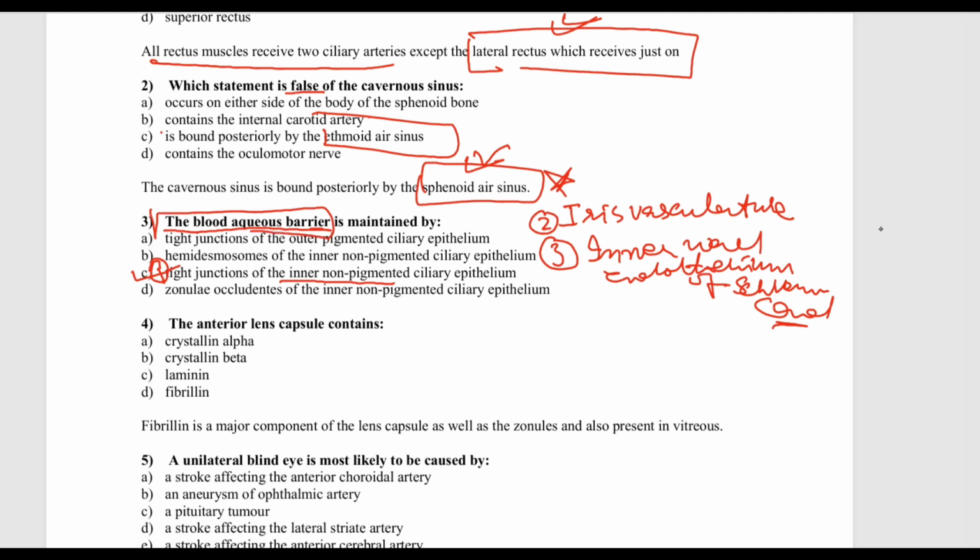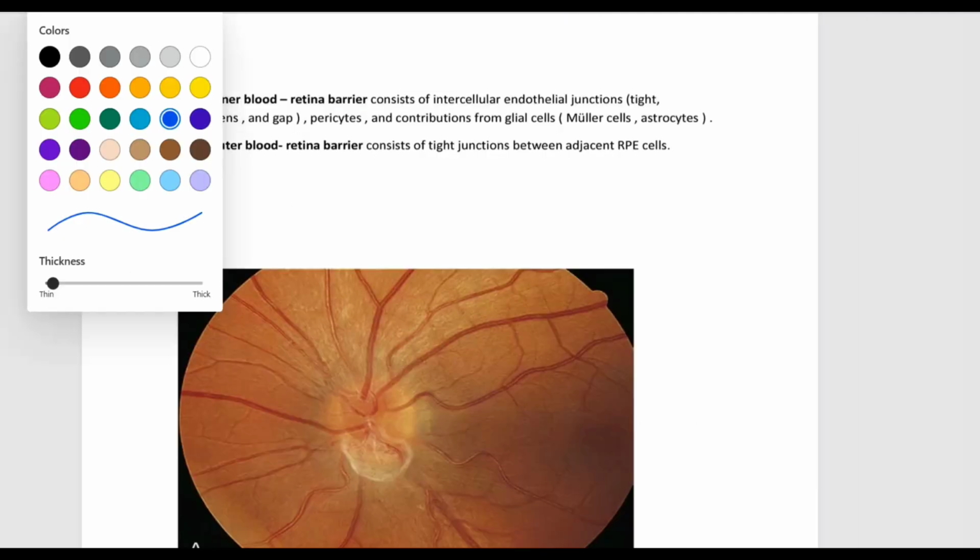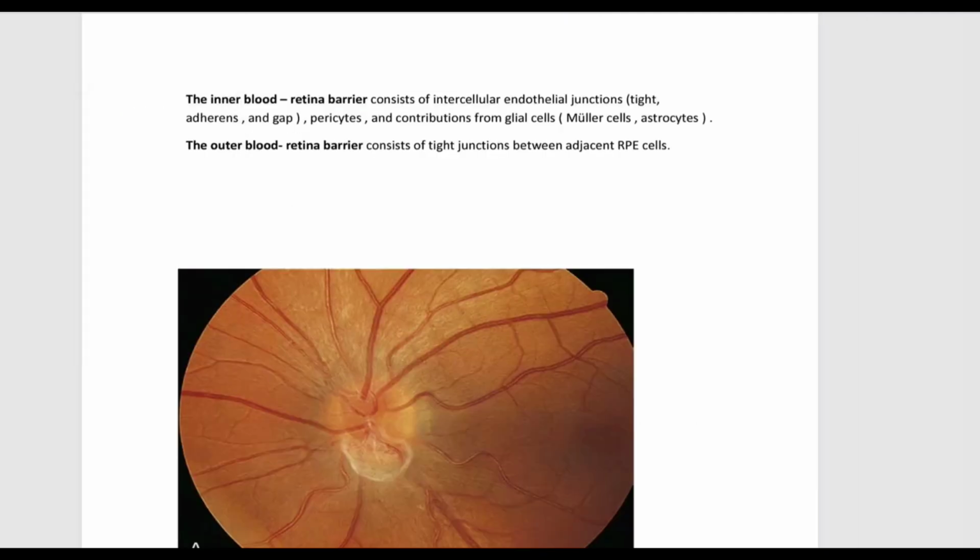Remember that there is also a blood retinal barrier. The blood retinal barrier can be divided into the inner blood retinal barrier and the outer blood retinal barrier. The inner blood retinal barrier consists of intercellular endothelial junctions, which are tight junctions, adherens junctions, gap junctions, pericytes, and also contributions from the glial cells, which are the Muller cells and astrocytes.